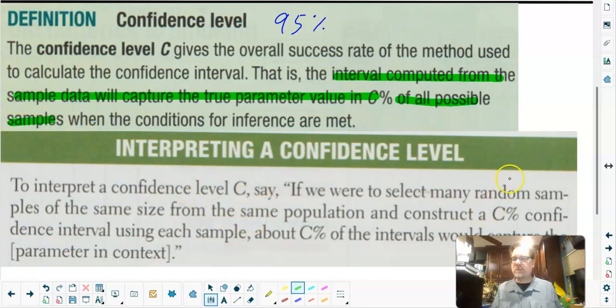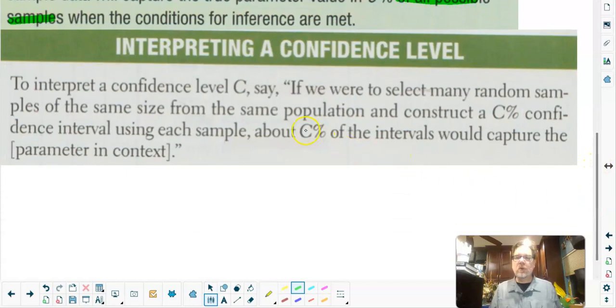To interpret our confidence level, we say if we were to select many random samples of the same size from the same population, and construct a C% confidence interval using each sample, C% of all intervals will capture my parameter. So again, not 95% for each interval, it's 95% of all the intervals that will have what I'm looking for.